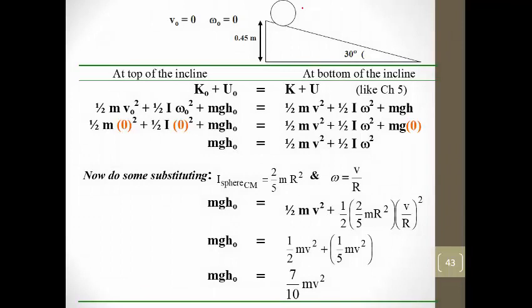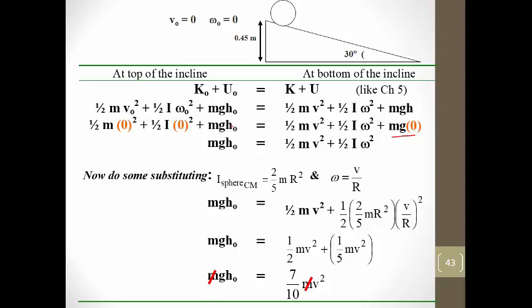So at the top of the incline, we have no linear kinetic energy or rotational kinetic energy. All we have is potential energy. At the bottom of the incline, we have no potential energy left. All of the potential energy we started off with has been converted to kinetic energy.